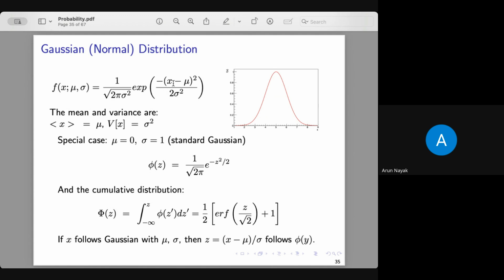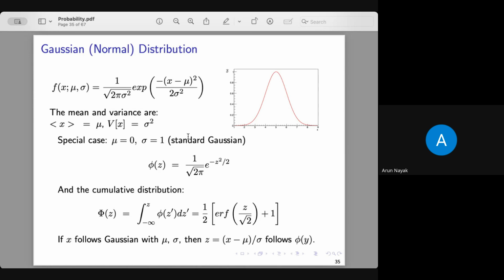You can transform this distribution by making mu to be 0. If x has mean mu and standard deviation sigma, you can define z as (x minus mu) by sigma, so that will make the mean of z to be at 0.